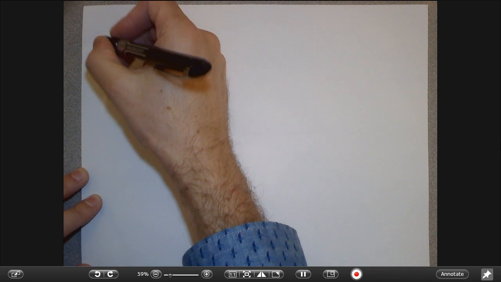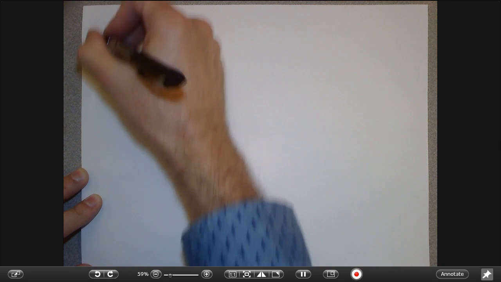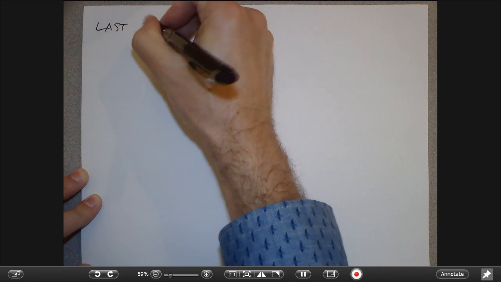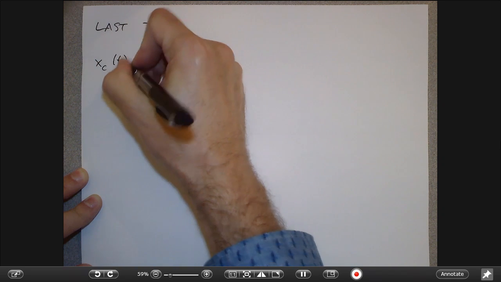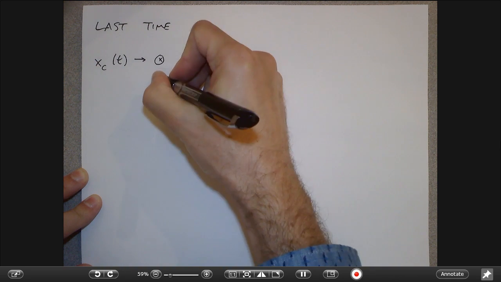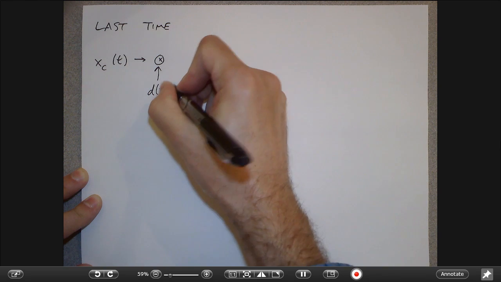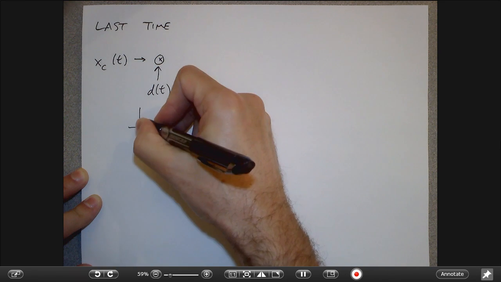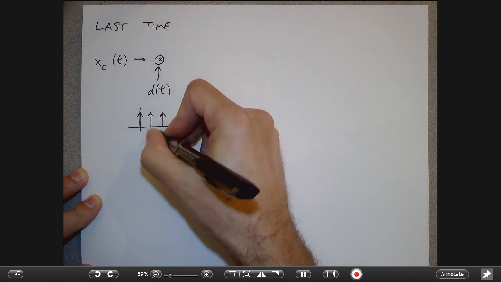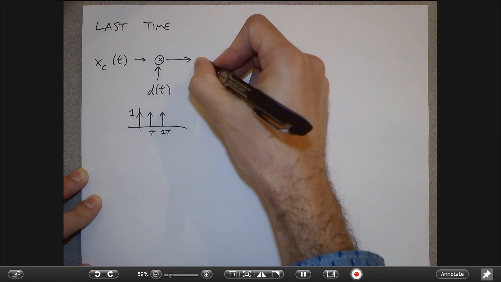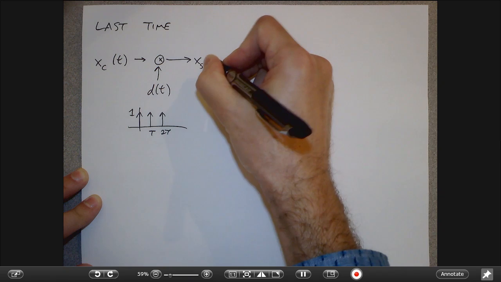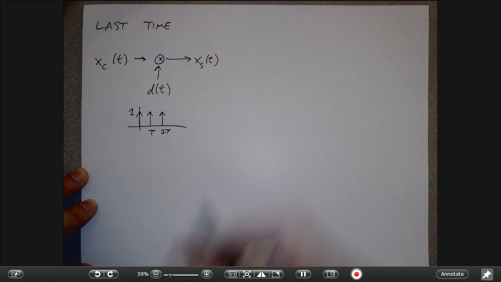Okay, so last time what we talked about was we had a continuous time signal. We multiplied that by, I think I called it d of t, which is basically this set of delta functions that occurs every T units, to get a continuous time sampled signal.